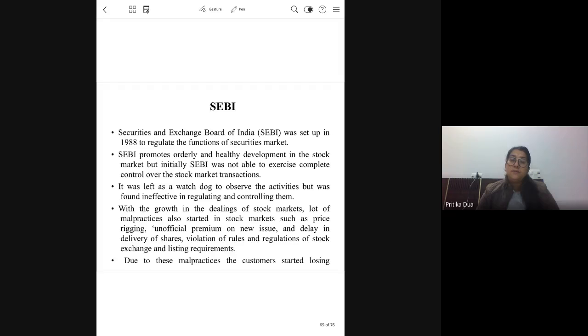After RBI, we come to the next regulator, which is SEBI. SEBI, as already discussed, is the regulator of the financial markets.